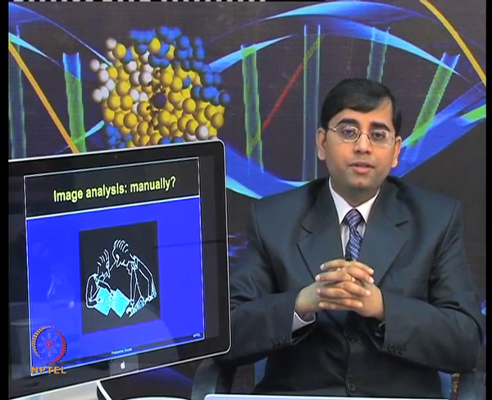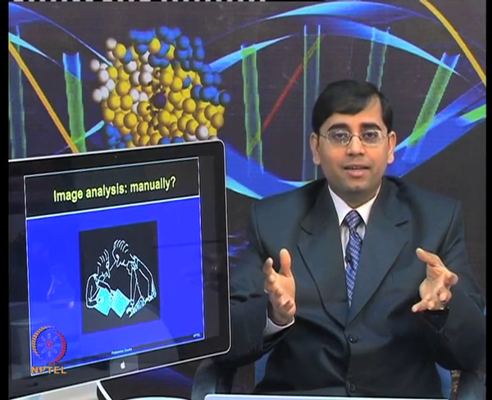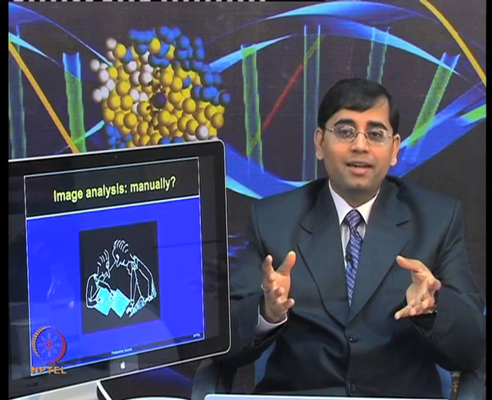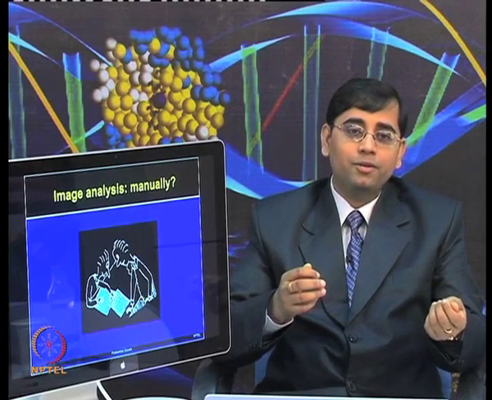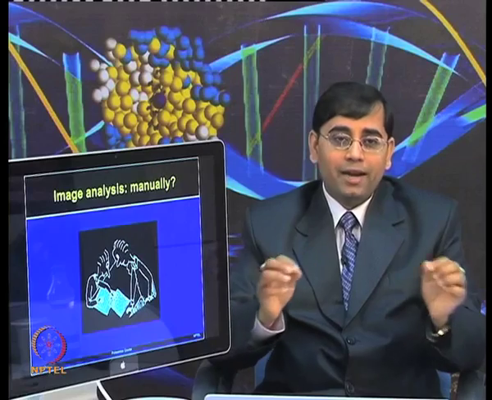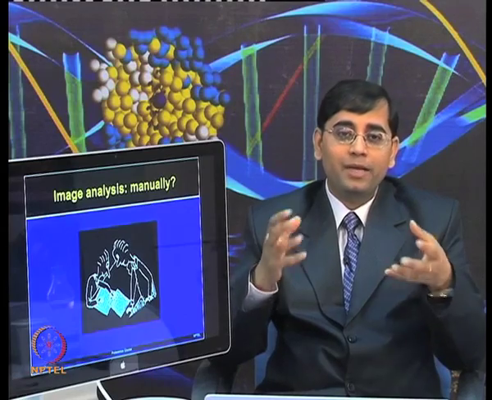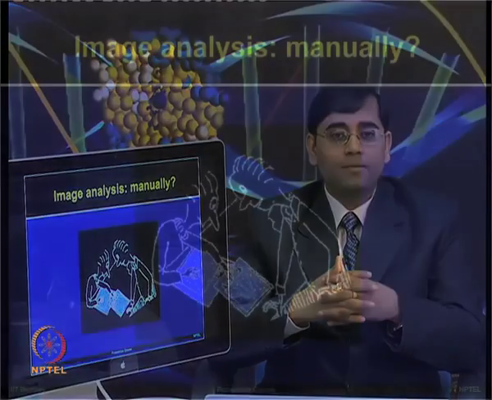Do you want to do the things manually? Can you take your gel patterns and sit two of you together and say, okay, this is my protein in control, this is your protein in treatment. Now, I am going to look at each spot manually and size the spot based on this comparison.